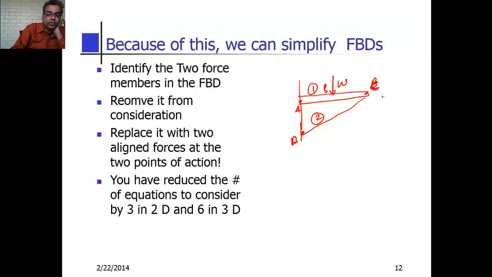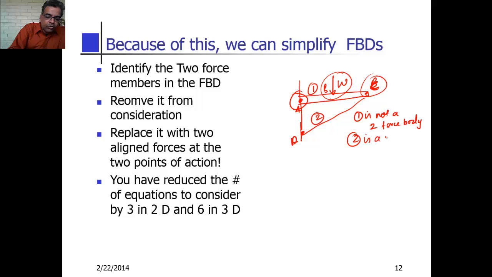If you look at it, the way we solved it last time was to draw two separate free body diagrams for the two rigid bodies. Now, because we know a little bit more, we can identify that body 1 is not a two-force body, because there are three forces: a force at point A, and the others, acting at three different locations. Body 2 is a two-force body.